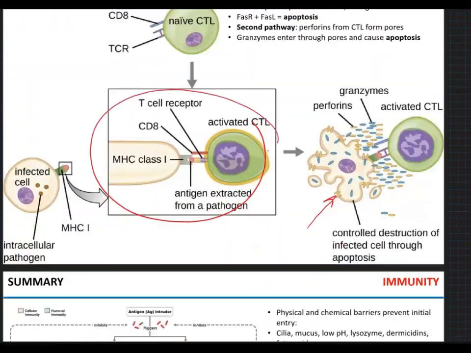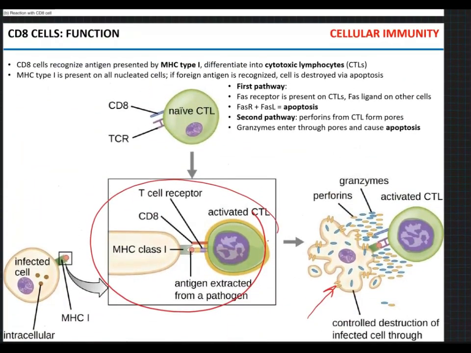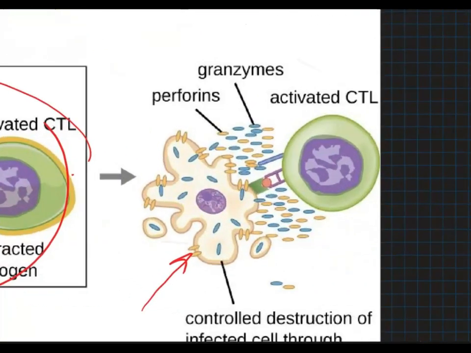So they bind to that cell and kill it via apoptosis, either through the so-called Fas receptor, Fas ligand pathway, basically shaking hands and killing, or perforins and granzymes.